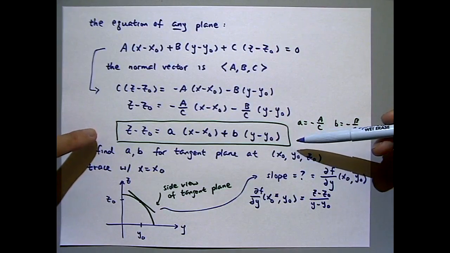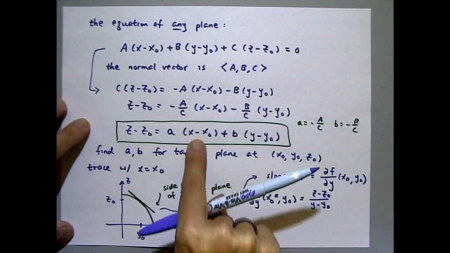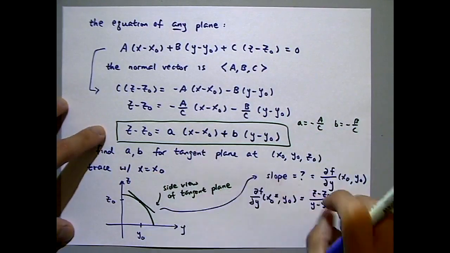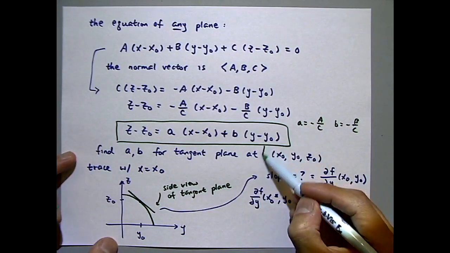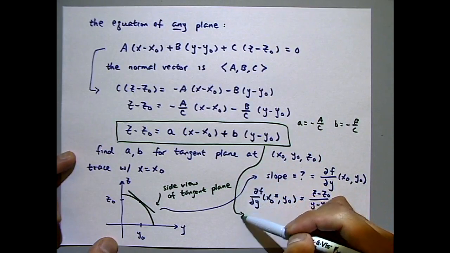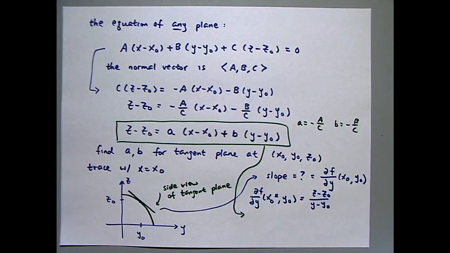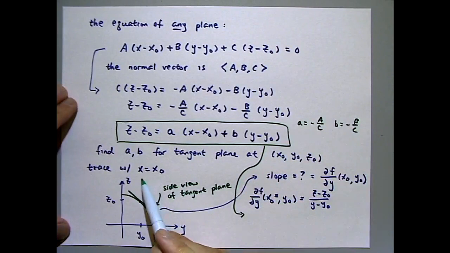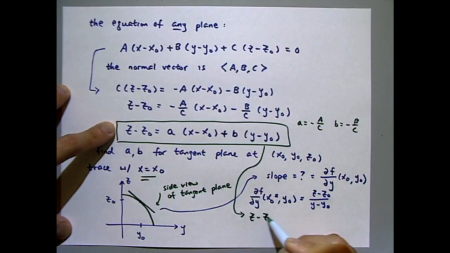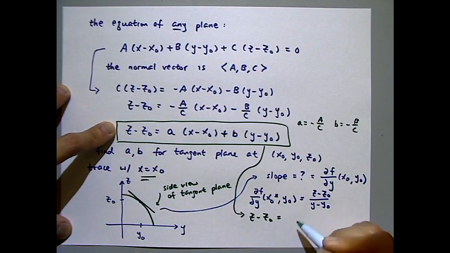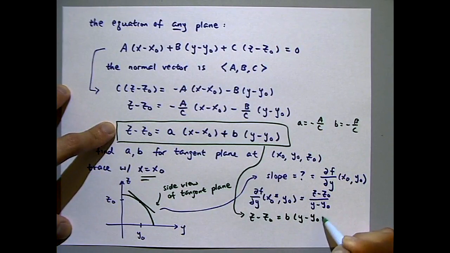The equation in the green box, if I set x to be x0, so this is getting complicated here. Let me draw an arrow here. This equation in the green box with x equal to x0 reduces to z minus z0 equal to b times y minus y0.